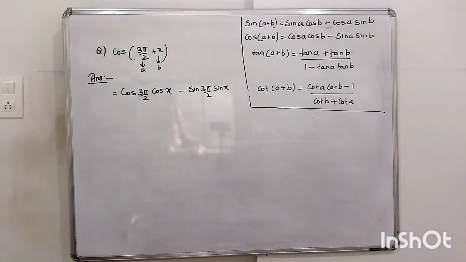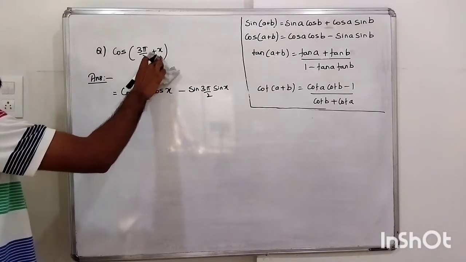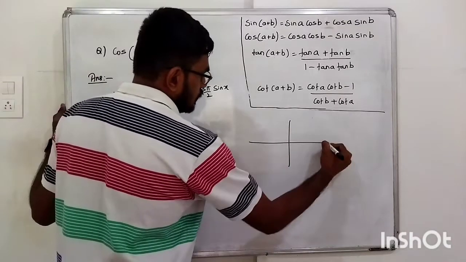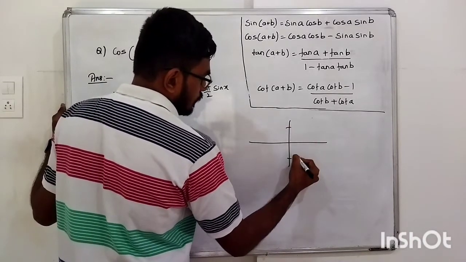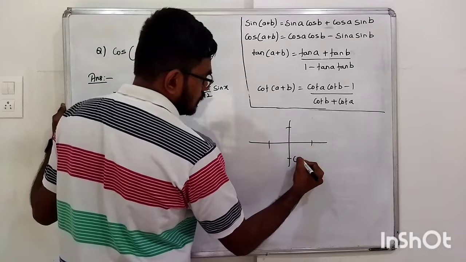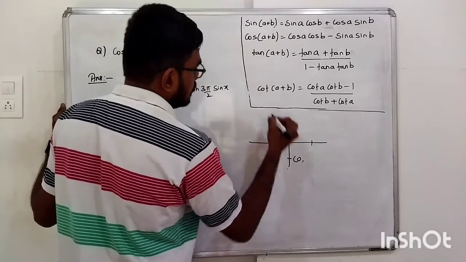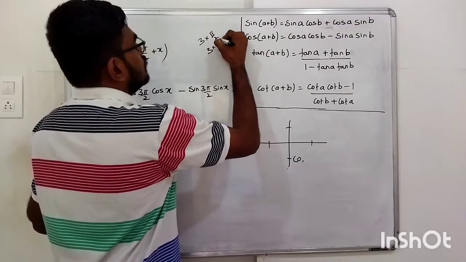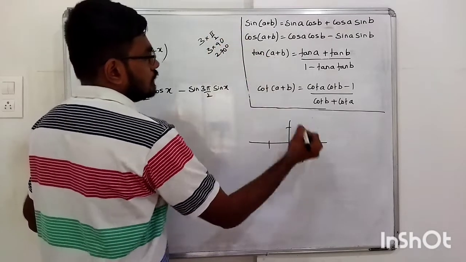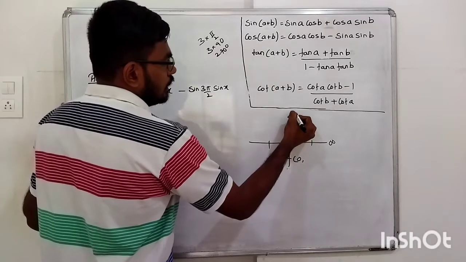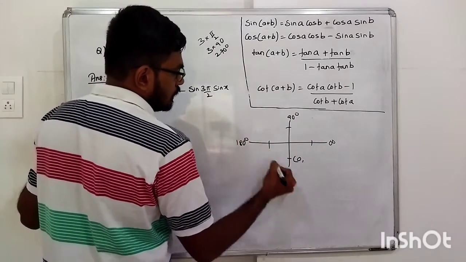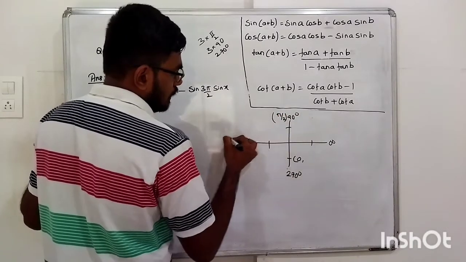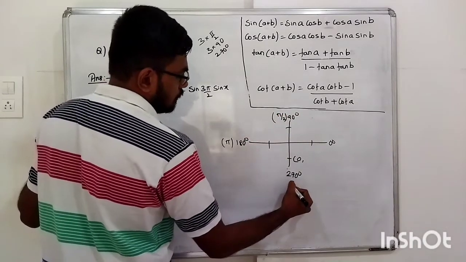Next, what is cos 3 pi by 2? Again here using this, 3 pi by 2 means this angle. 3 into pi by 2, 3 into 90, so 270 degree. So 0, 90, 180, 270, pi by 2, pi, 3 pi by 2.